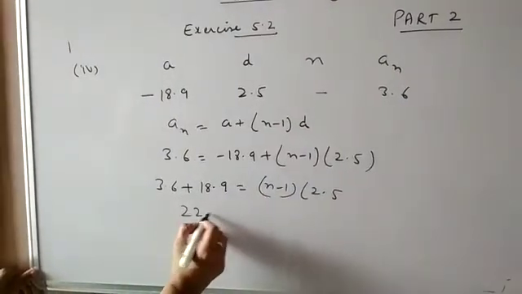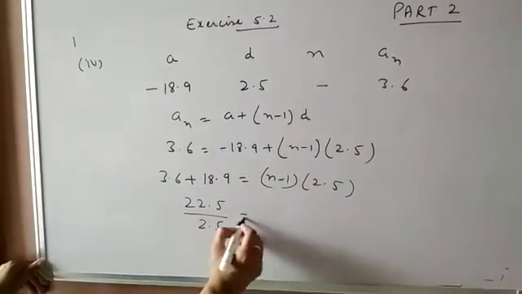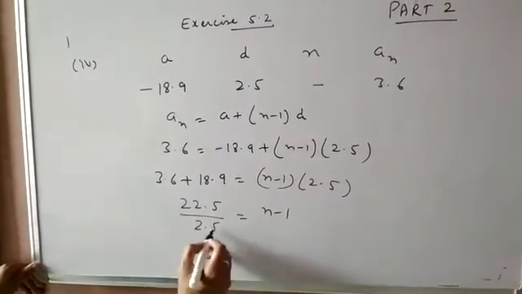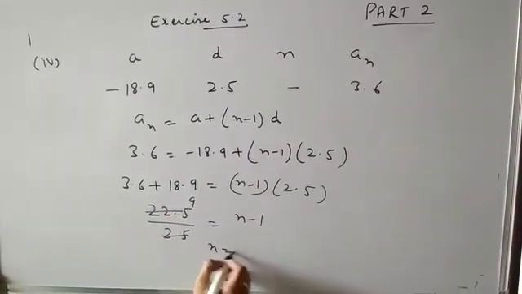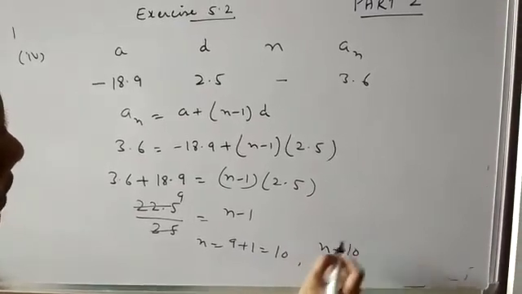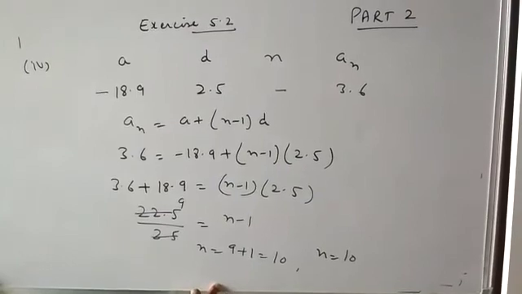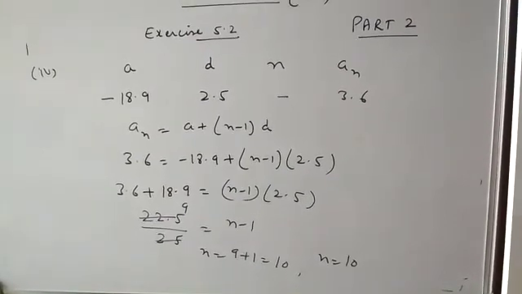It will be 22.5, and 2.5 when shifted to this side will change into division. Now, n is 9 plus 1, 10. So, how many terms are there? There are 10 terms. I hope you are able to use this formula and to find any unknown values.